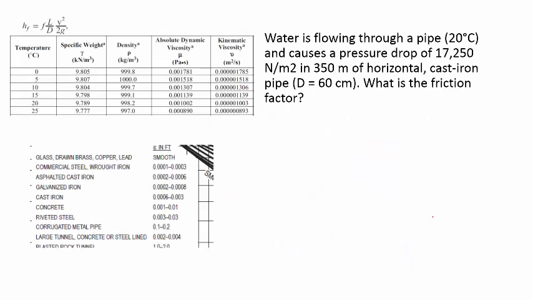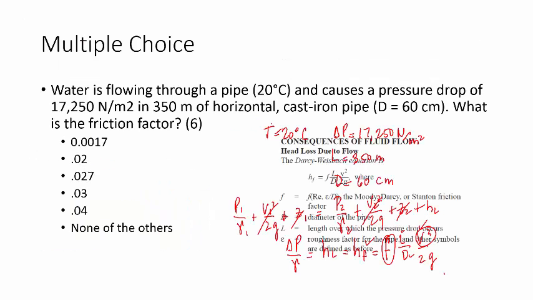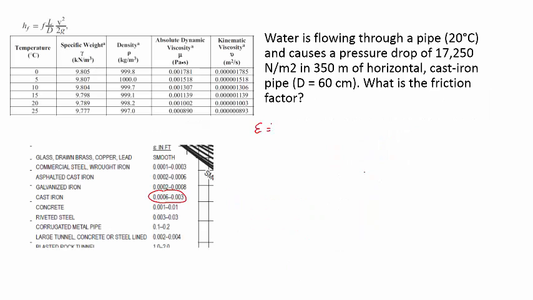Well, the first thing is that it tells me that it's cast iron. So this is my roughness, and for the roughness we'll do an average.